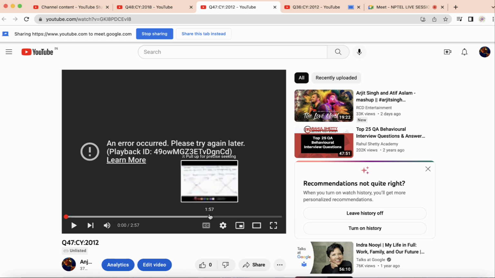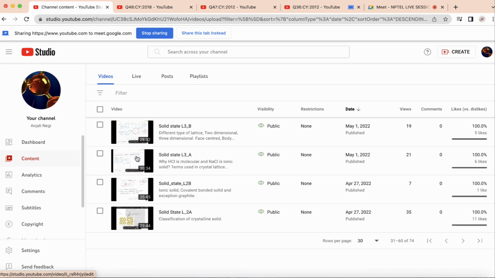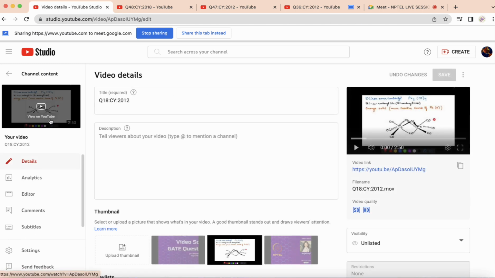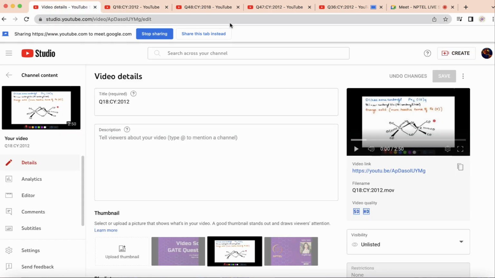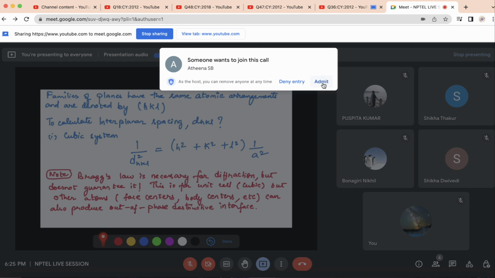Okay, so in a cubic system you can calculate the interplanar spacing: 1 upon d squared, the square of d_HKL, is equal to (h squared plus k squared plus l squared) upon a squared, where a is the lattice parameter, correct? So in a cubic system you will have a as length, breadth and height, correct?